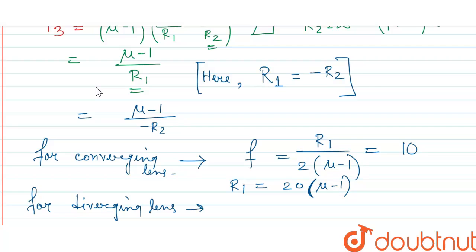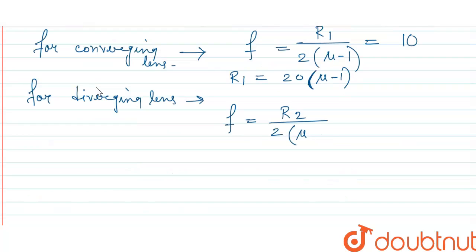It will be 2(mu minus 1), and here it is 20. Clear? So R2 will be 2 into 20, that will be 40 into (mu minus 1).